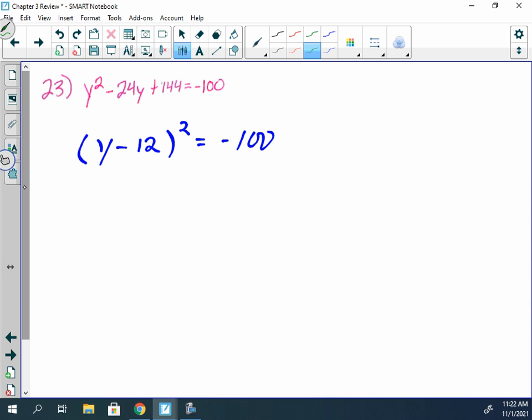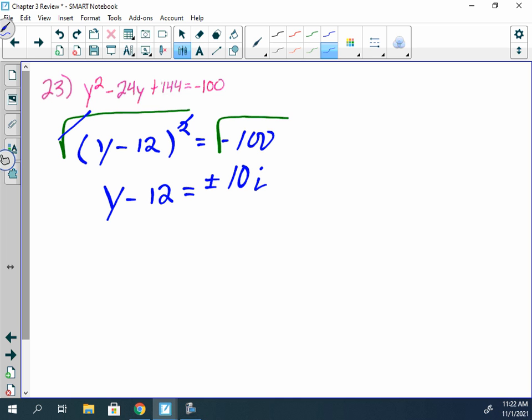Well, at this point here, we can square root both sides. Here, the square root and square would cancel, leaving us with y minus 12 is equal to plus or minus the square root of 100 is 10, and the negative comes out as 9.